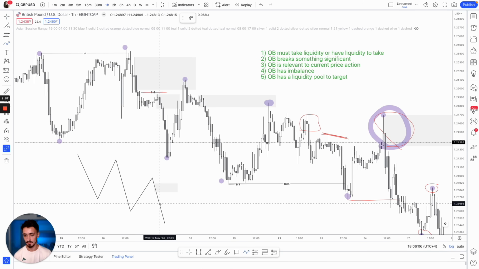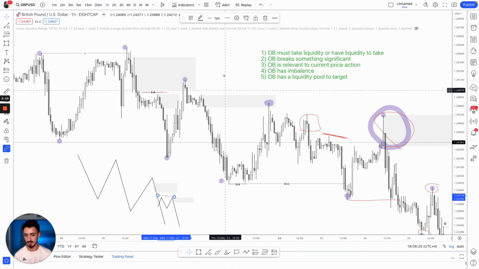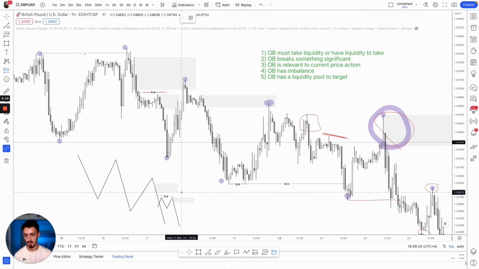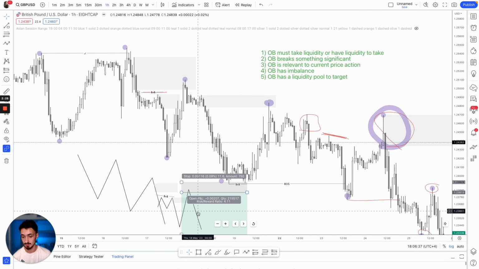So say we have some liquidity in here, most people are looking at this order block right here, but me, I'm looking at this liquidity, and I'm looking at this. For this 1 and 2, liquidity to take, break something significant.